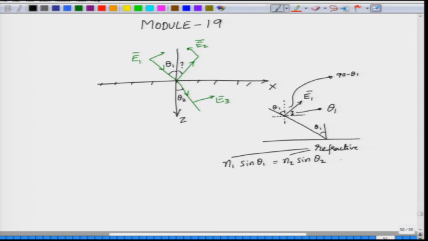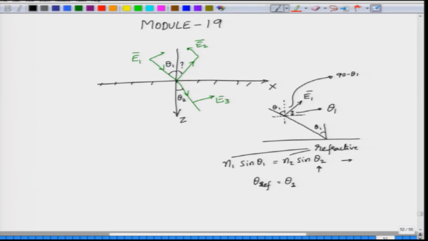This is a law which allows you to determine theta 2 given n2, theta 1 and n1. There is another law which states that the angle of reflection, which we will call theta reflection, is exactly equal to the angle of incidence.